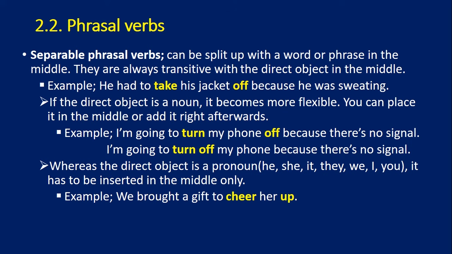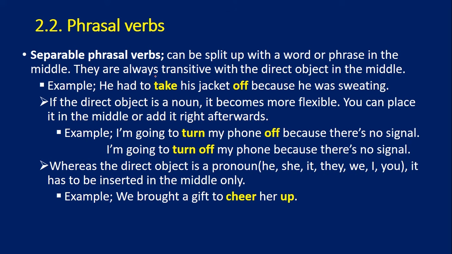In this case, if we can put the direct object in the middle, it's called a separable phrasal verb. They're always transitive because they need a direct object, and the direct object comes in the middle. So separable phrasal verbs are also transitive phrasal verbs, okay?